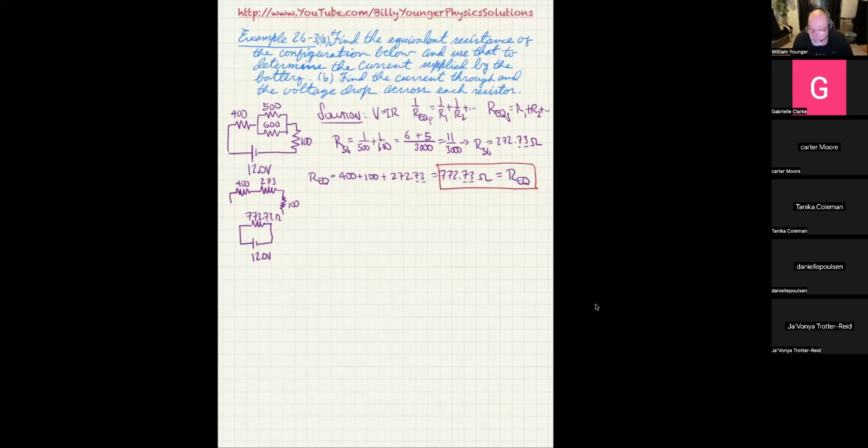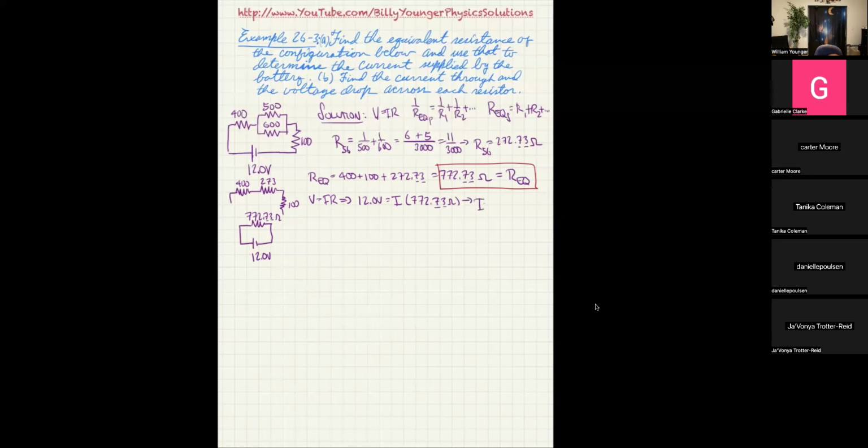Once you find the equivalent resistance, then you obviously have a case where V equals IR automatically applies. So now I'm going to put it back in the color we were using. V equals IR gives me 12.0 volts is equal to I times 772.73 ohms, again, extra digits.